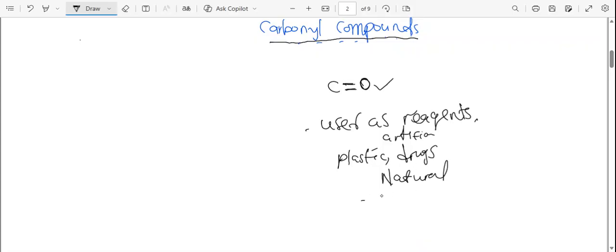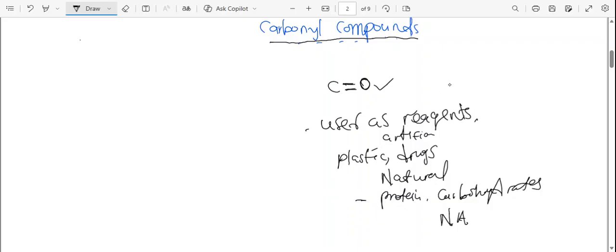We can talk of proteins, and carbohydrates. These are natural in nature. Then DNA, nucleic acid in short. These are natural.